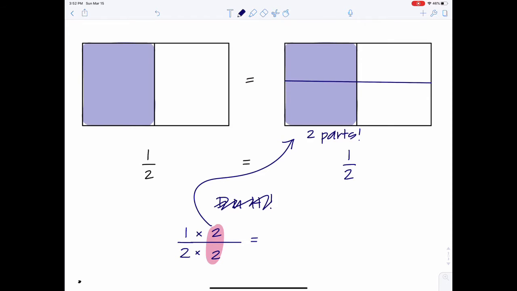So all I do is I take my fraction strip and I split it into 2 parts. Now we can see above that I have fourths in my fraction strip or area model, and that's going to give me 2/4 because we know below that 1 times 2 is 2, and 2 times 2 is 4.